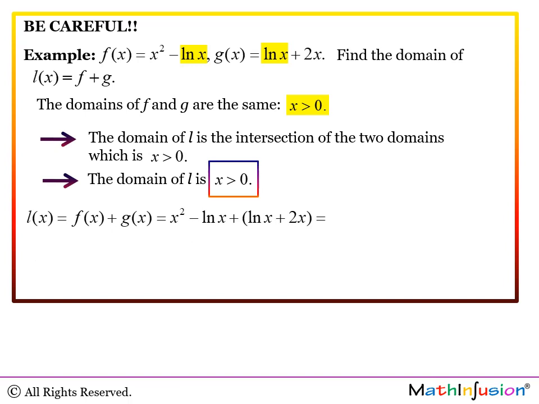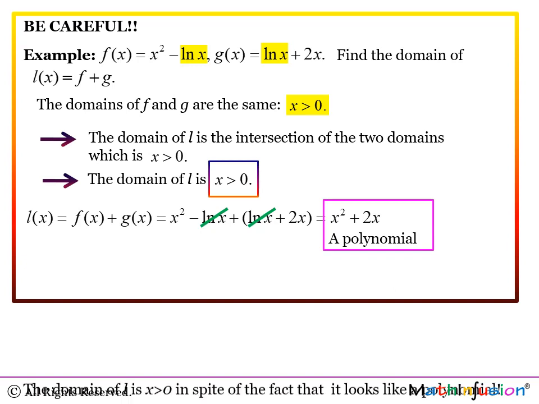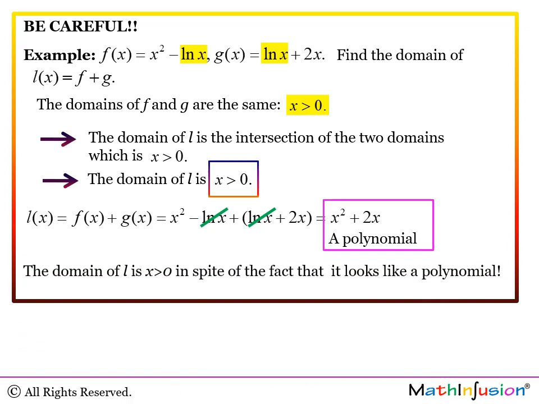What happens if you actually calculate L of x? Then you get x to the power of 2 minus ln of x plus ln of x plus 2x, which is x to the power of 2, as you can see, plus 2x. This is a polynomial. The domain of L is x greater than 0 in spite of the fact that it looks like a polynomial.